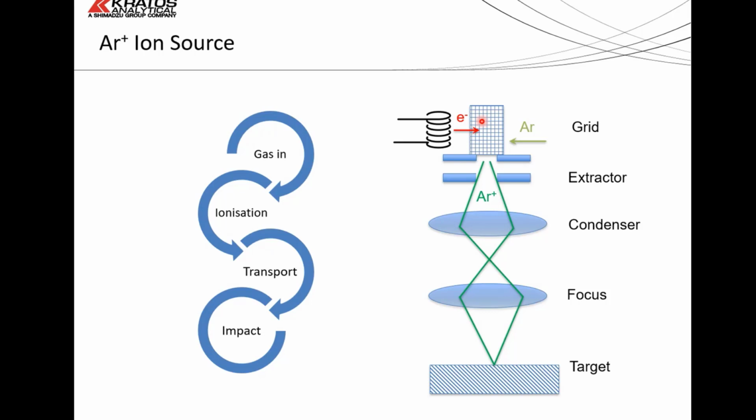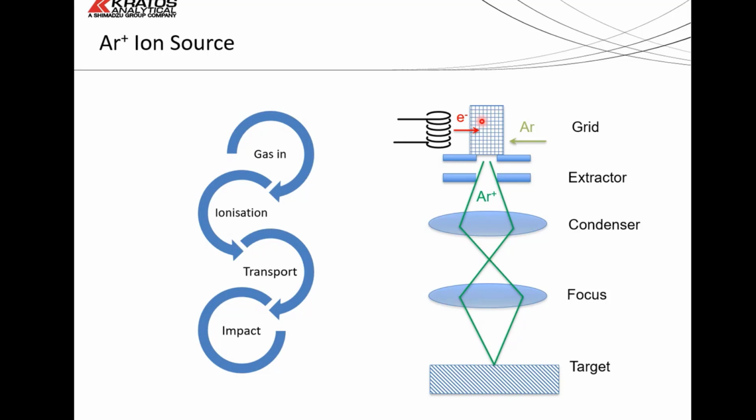Adjacent to this grid, we have a filament, typically tungsten. We pass current through the filament and it produces electrons. The electrons are then accelerated through the grid, where they ionize our argon gas, typically at about 140 eV ionization energy.